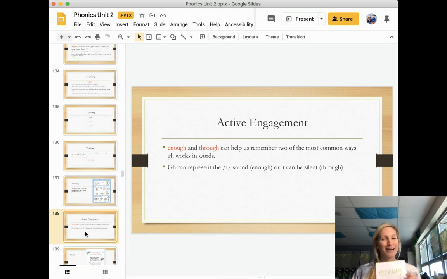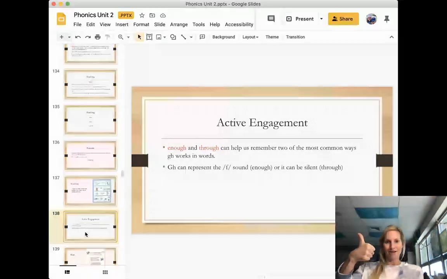T-H-R-O-U-G-H. I challenge you to tackle the words enough and the word through today. Try to come up with a way that you could tackle those 2 words today. Enough and through. Okay?